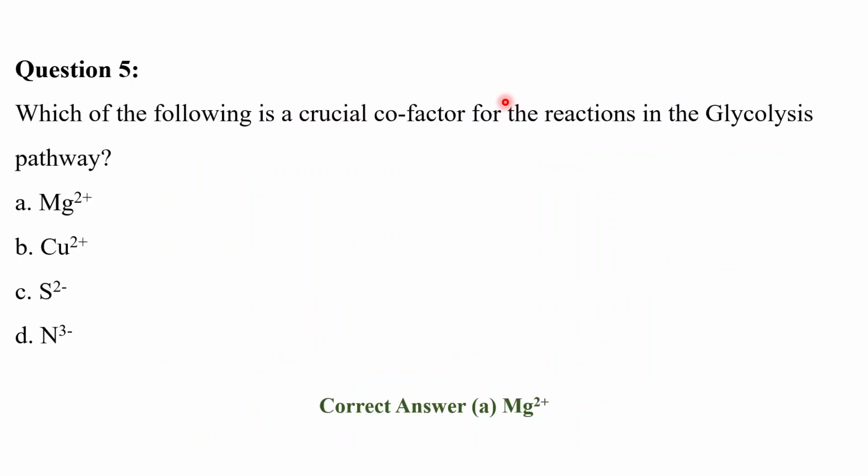That's why Mg2 plus is a very crucial cofactor for the whole pathway, because out of the 10 enzymes, 4 require this ion. Without Mg2 plus the pathway won't proceed because the enzymes won't be functional.